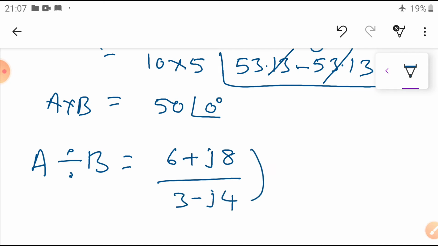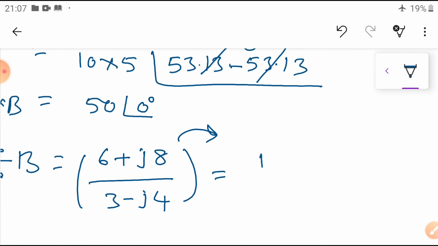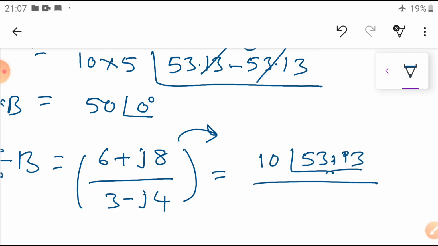I know how to do this one, but it will take more time. That is why I converted to polar form: 10 at an angle of 53.13 and 5 at an angle of minus 53.13. Got these values, so simple.